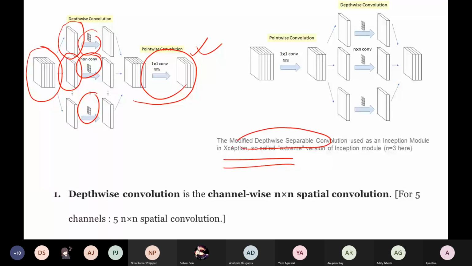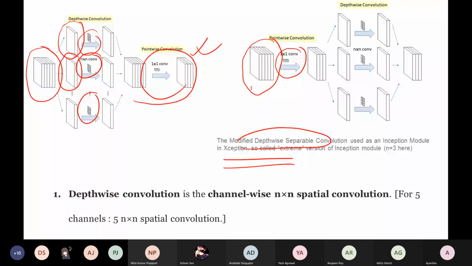The big change is that on top of all these channels, you first apply the 1 cross 1 convolution. That means you are fusing the effects of all these channels, and then you get some output.